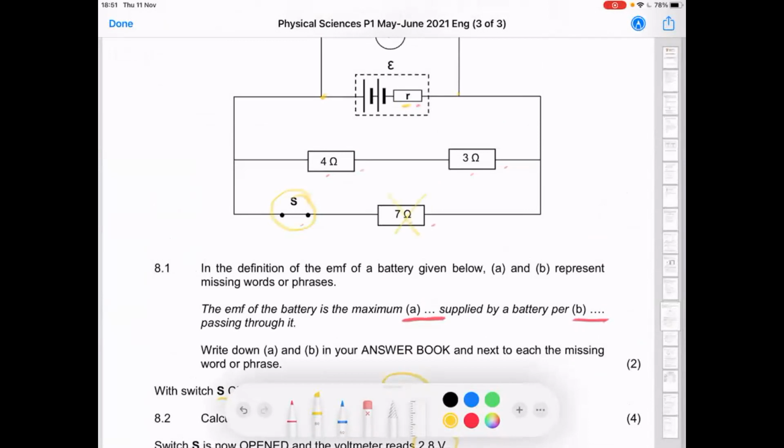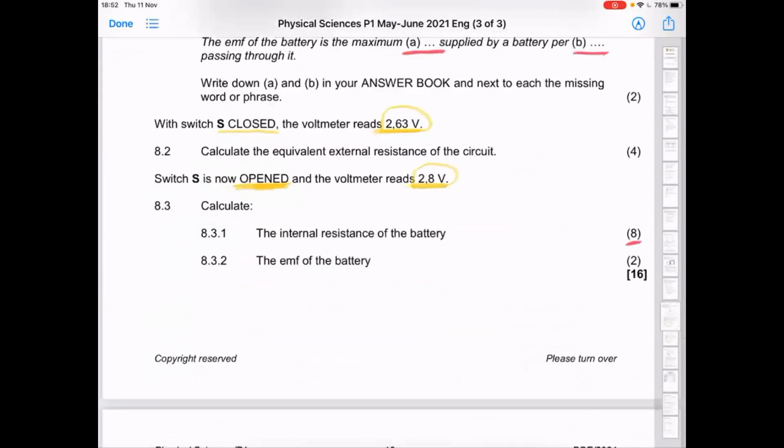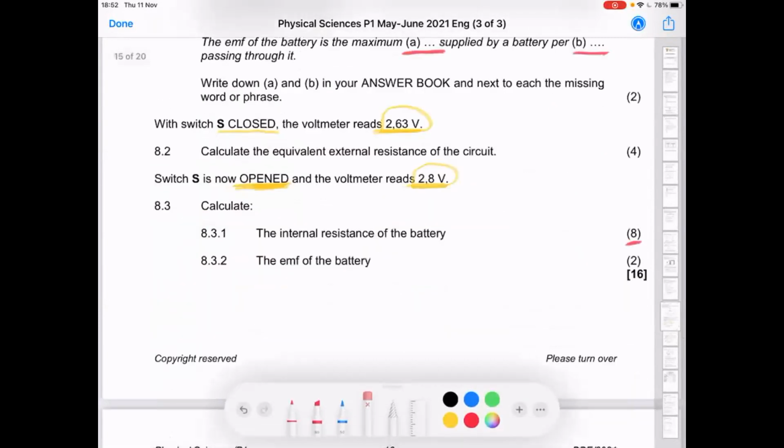If the switch is open, no current flows in this bit here. So with the information they gave us, they want us to find this R here. We want to find the internal resistance of the battery, and it carries 8 marks.